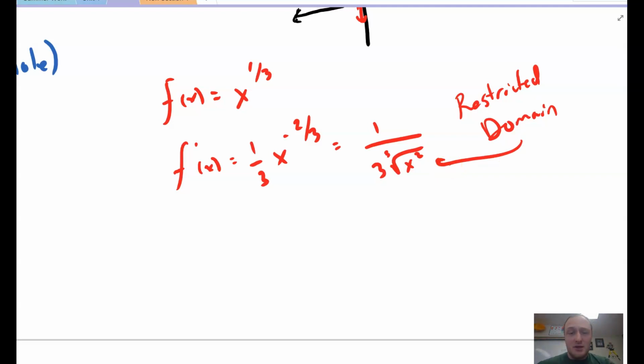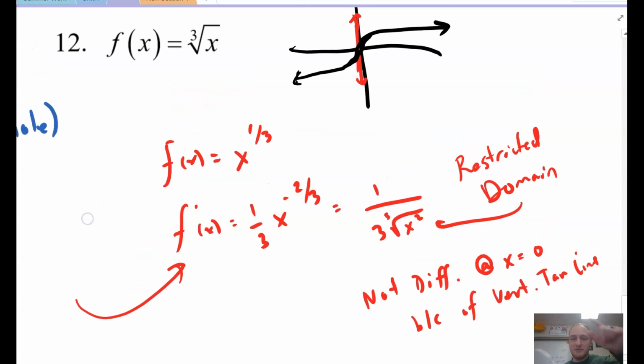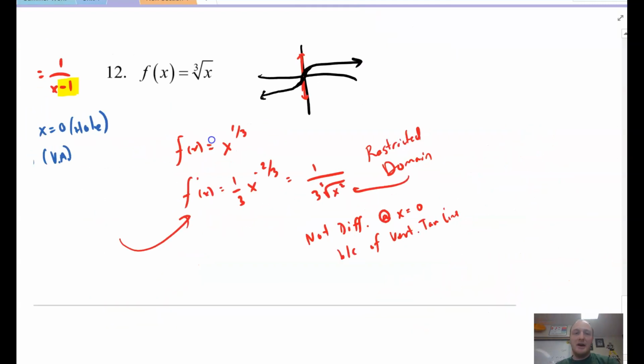So what you have here is that this is not differentiable at x equals 0 because of a vertical tangent line. This is the derivative, so the derivative would have an asymptote right there.